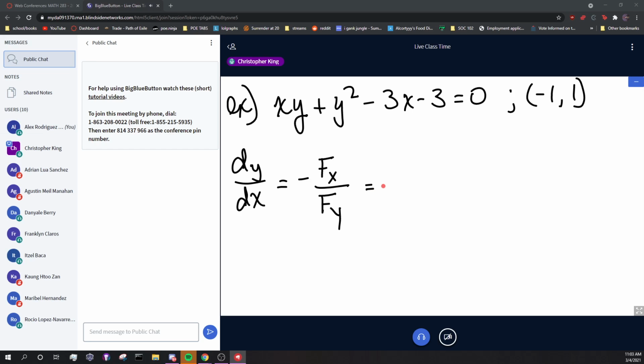If we take a look at the problem, starting in the numerator, the partial with respect to x gives us y minus 3. In the denominator, the partial with respect to y gives us x plus 2y.